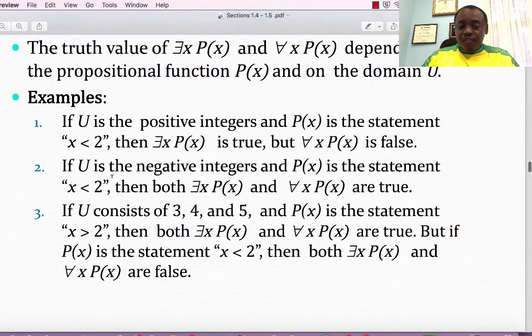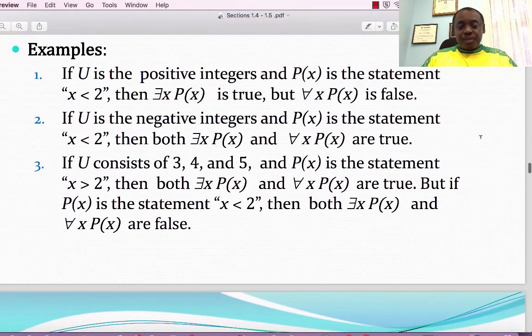Number 2, if U is the set of negative integers, and P of X is the statement X is less than 2, there exists X, P of X would mean that there is a negative integer that is less than 2. That's true.